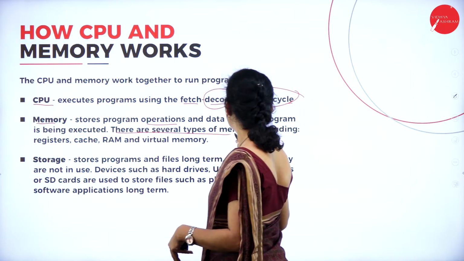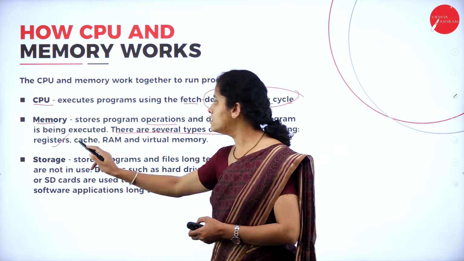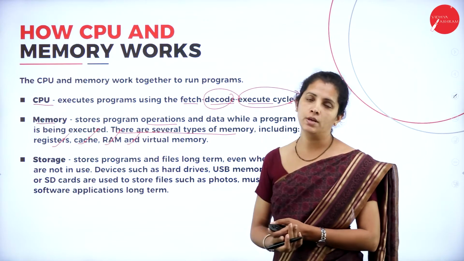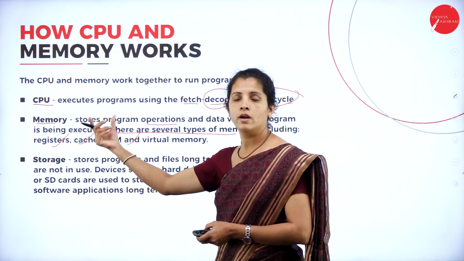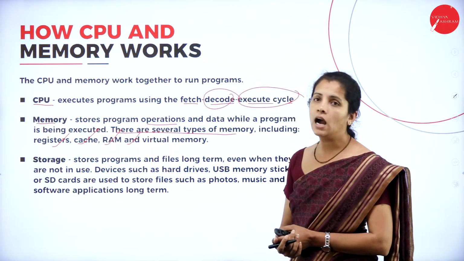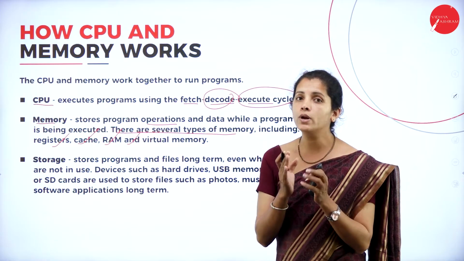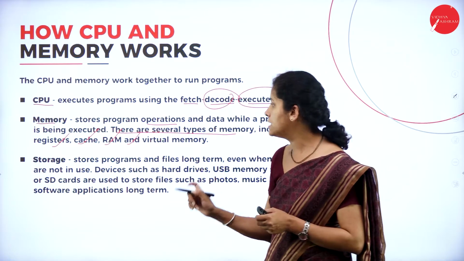There are several types of memory including register, cache, RAM and virtual memory. So all these things are related to main memory. Now if I go with storage, so here storage is always a secondary storage device.